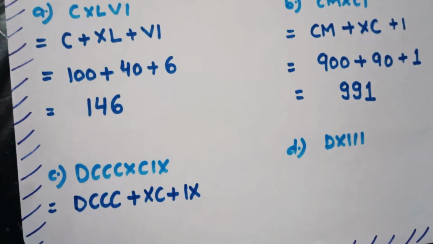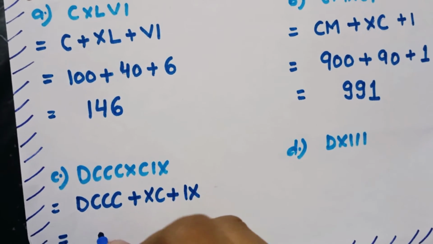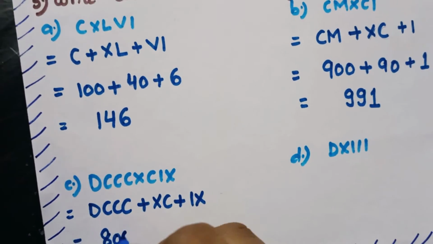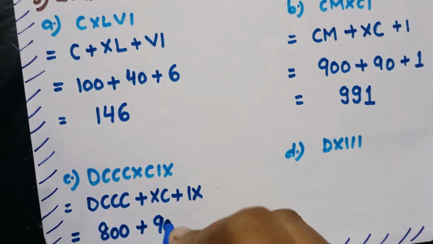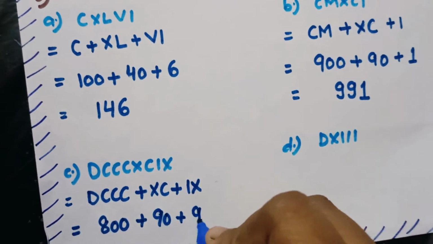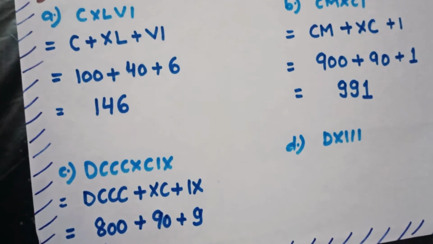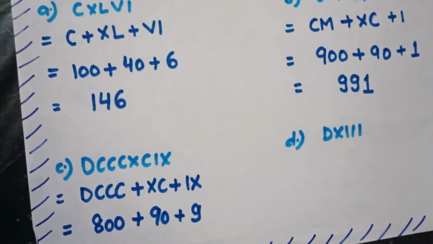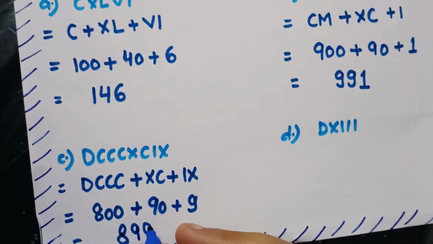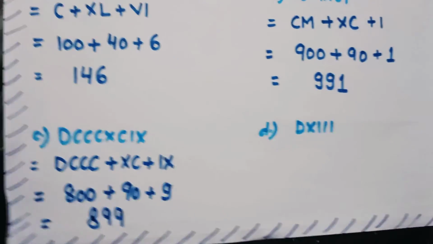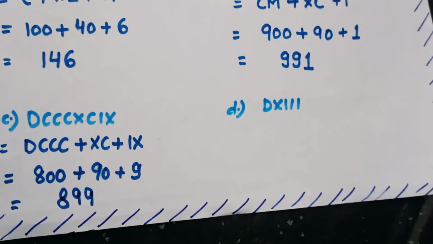This is how we have expanded. DCCC stands for 800, XC means 90 and IX means 9. So our answer will become 800 plus 90 plus 9, 899.